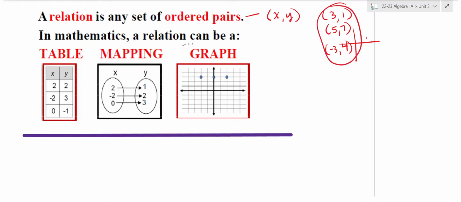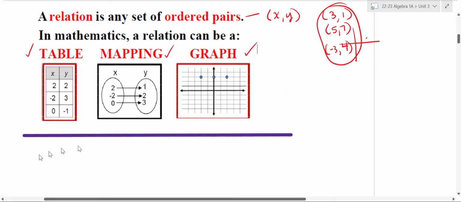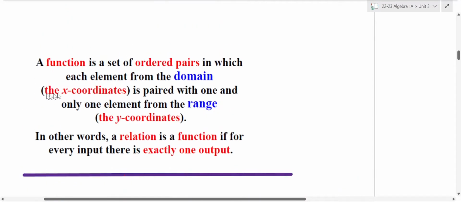In mathematics, we can show relationships in tables, in mappings, in graphs, okay? I'm pretty sure you've seen these before because we already did this in class. And so here we go.